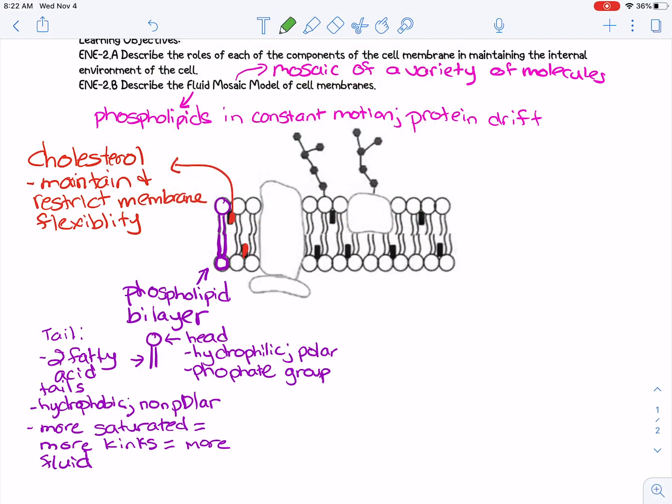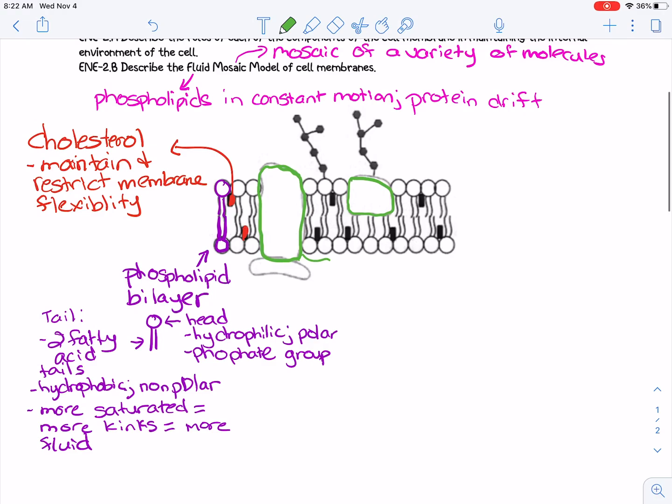Then let's notice this big, huge protein that's going all the way across this phospholipid bilayer. And then also we have this protein here. Both of those are the same types of proteins. They're integral proteins. They are embedded in the membrane, as you can see.